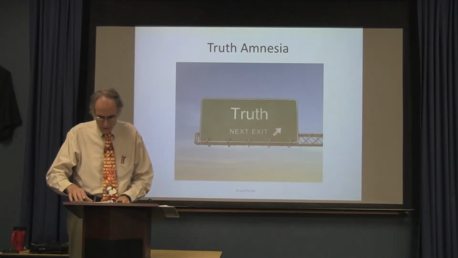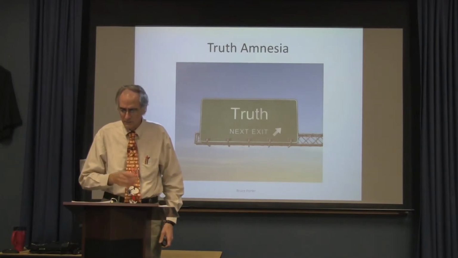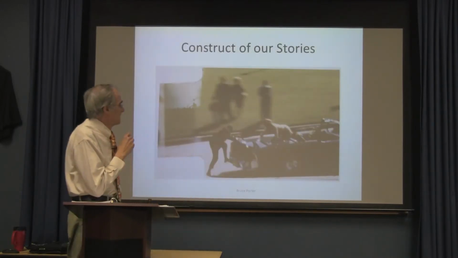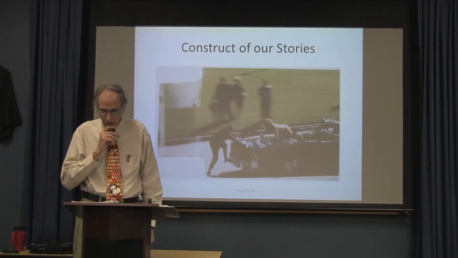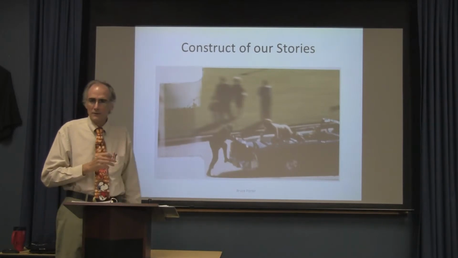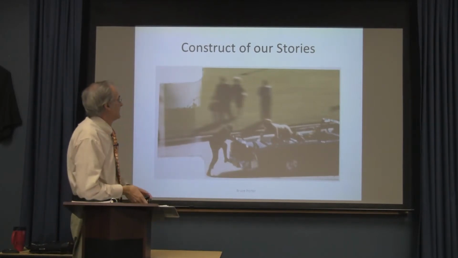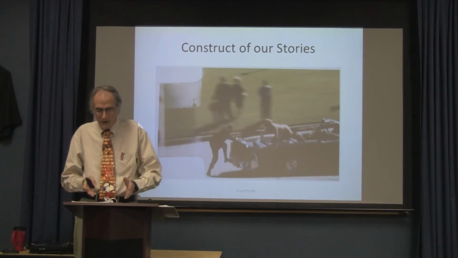We construct our memories according to our own personal stories. A real good example of this is the Jane Hill situation. Jane Hill was on site when President Kennedy was assassinated. This would be Jane Hill standing over right here in the corner. She was on site right there.